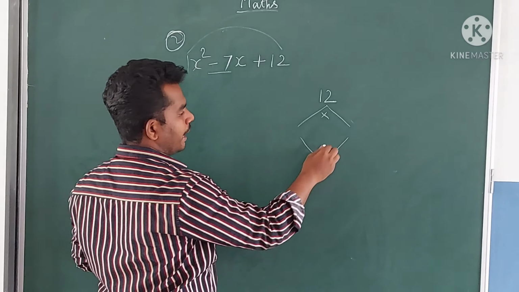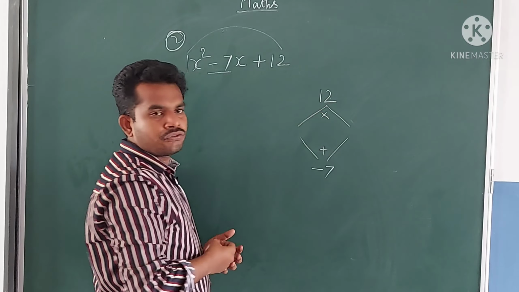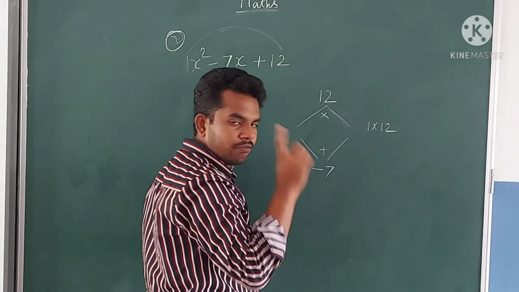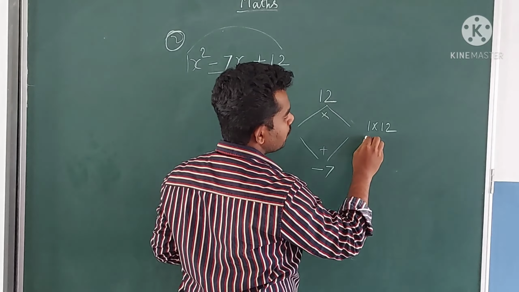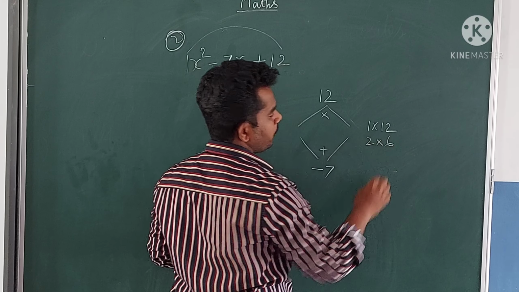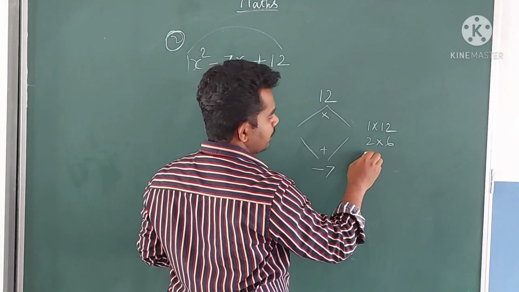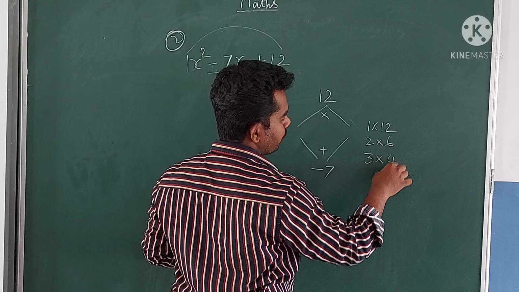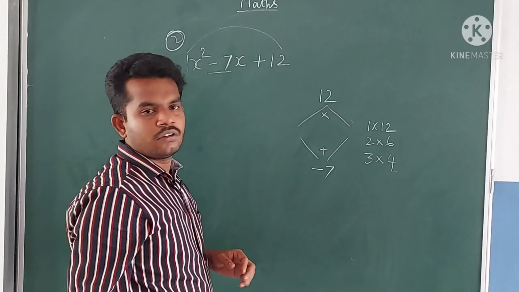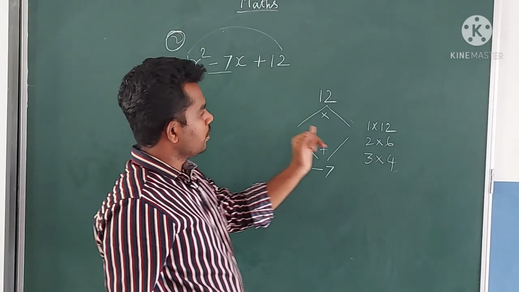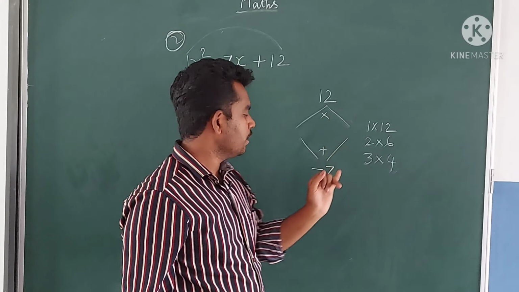Observe carefully. What are the factors for 12? 1 into 12, that is one factor. Next, 2 into 6, that is one factor. Next, 3 into 4. That's all. Here, 1 into 12, 12.